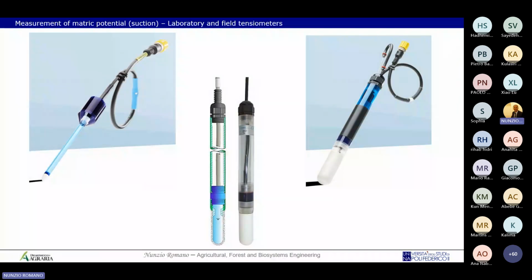Oh, in a certain way, yes, because there is this tensiometer. In this slide, you can see different kinds of tensiometer. On your left, you have a laboratory tensiometer, a mini tensiometer, and in the center and on the right of this slide, you have the field tensiometer, the tensiometer that you can use directly in the field.